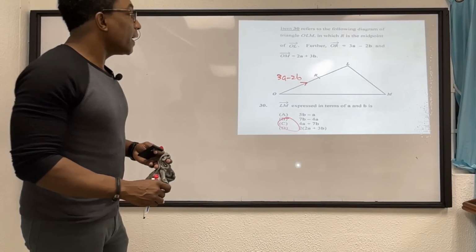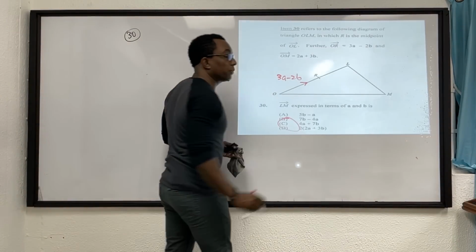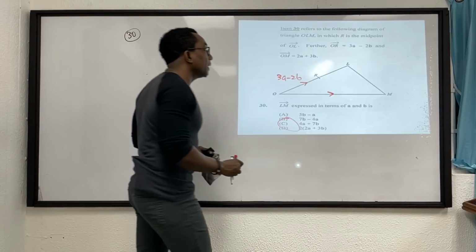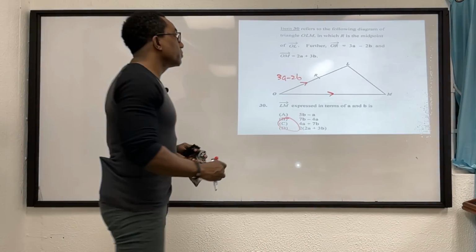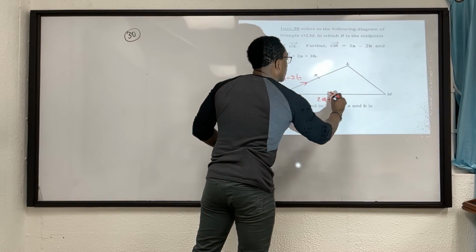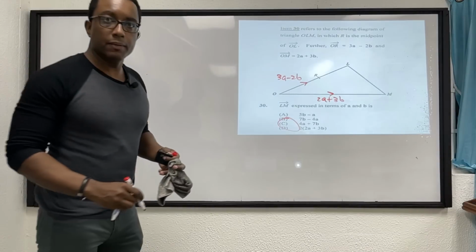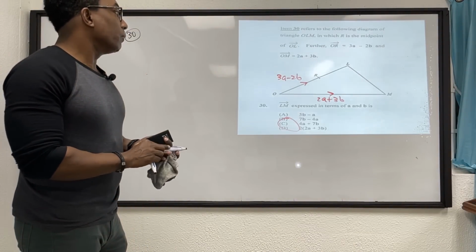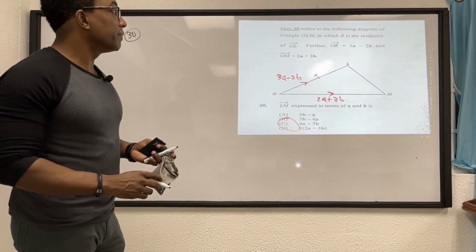And vector OM, so of course all vector quantities will have direction and magnitude. The direction will be from O to M, and the magnitude is 2a plus 3b. Good? What I want us to do is to determine the magnitude of the vector LM.